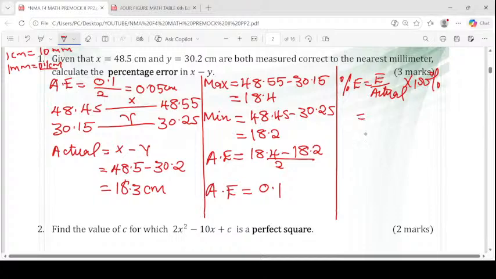Our error in this case is 0.1 over the actual, which is 18.3, multiplied by 100%. So 0.1 divided by 18.3 times 100, you get 0.5464%.